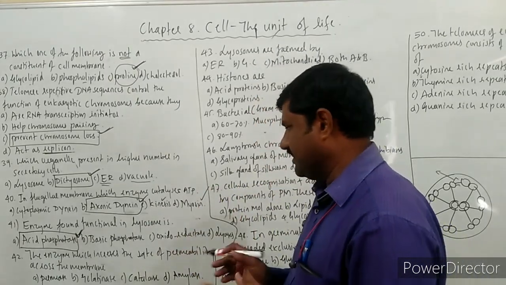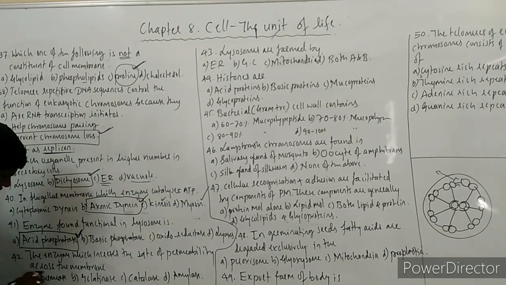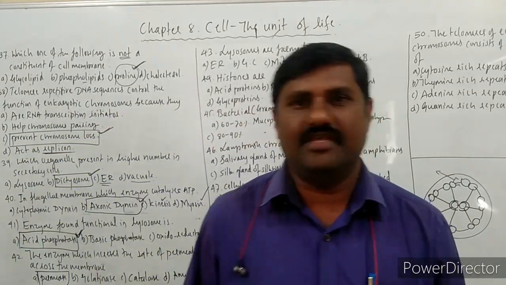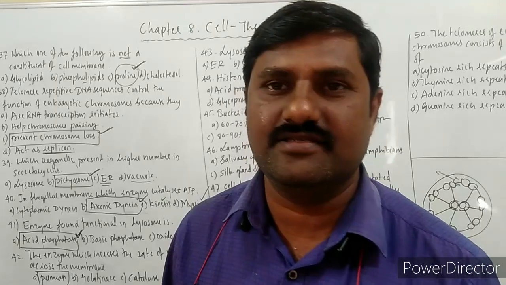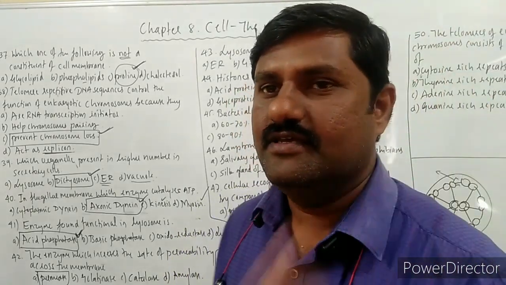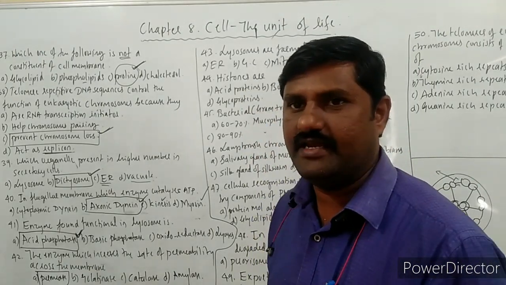So which is the correct answer? Permease. Gelatinase is not the answer. Catalase, amylase, these are different enzymes. They do not enhance the rate of permeability of membranes. Permease is the enzyme, right?